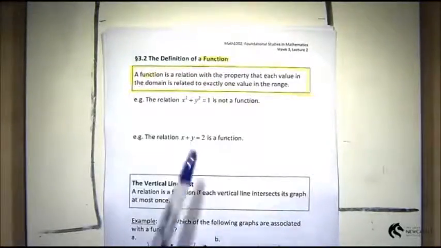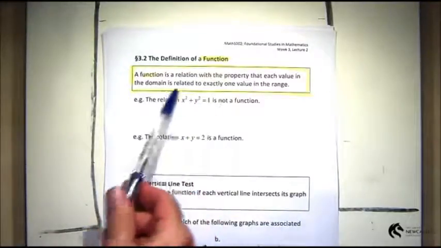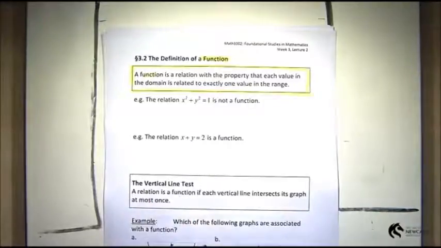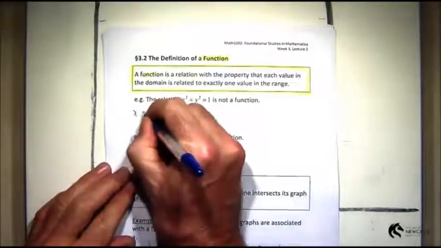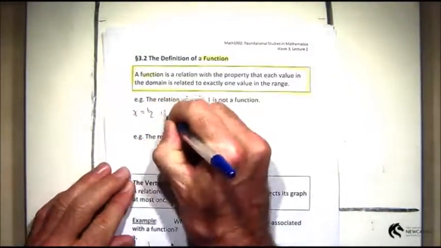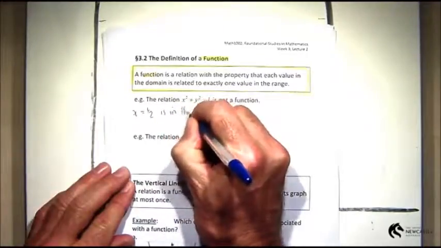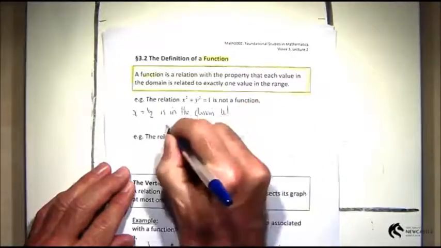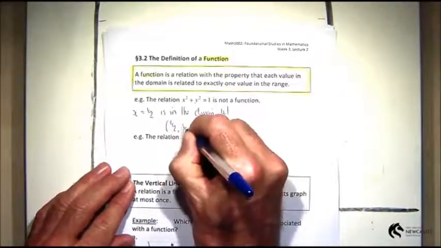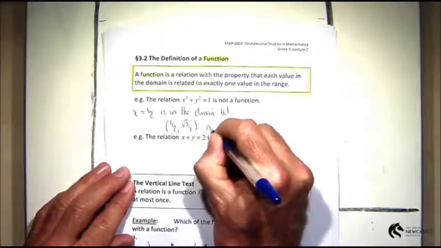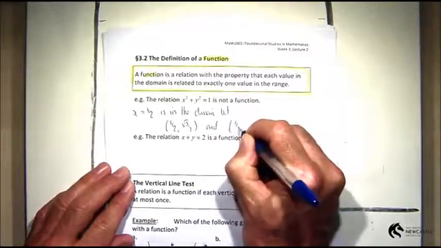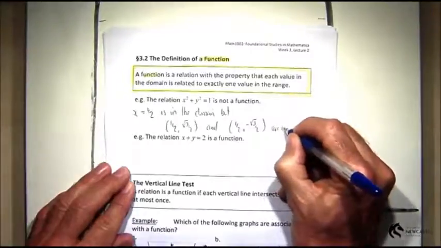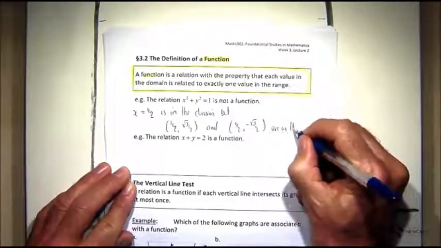So clearly, this relation we had here, x squared plus y squared equal to 1, is not a function because we saw before that x equal to a half is in the domain, but a half, the square root of 3 on 2, and a half, minus the square root of 3 on 2, are in the relation.